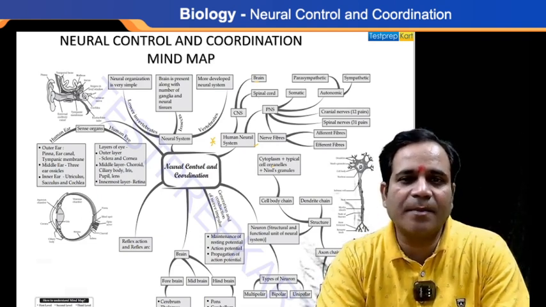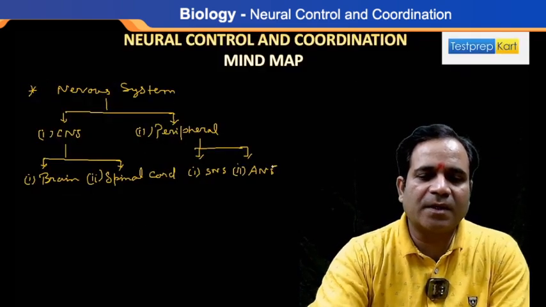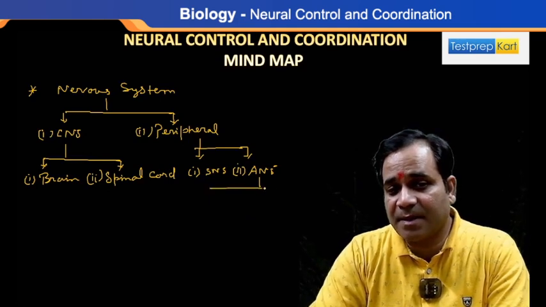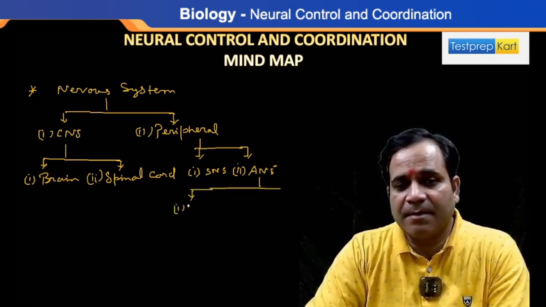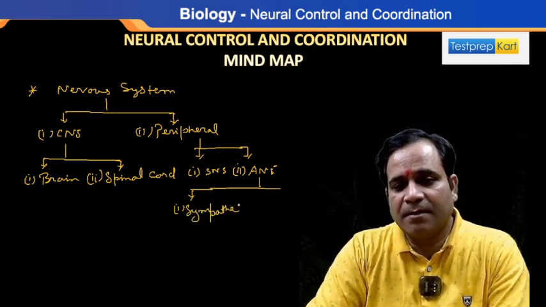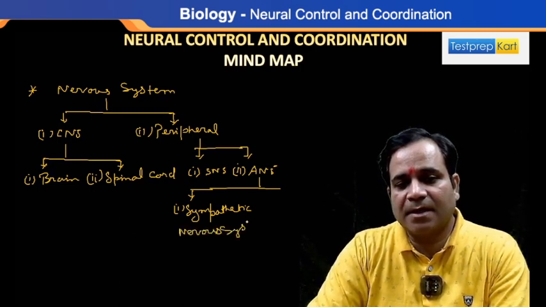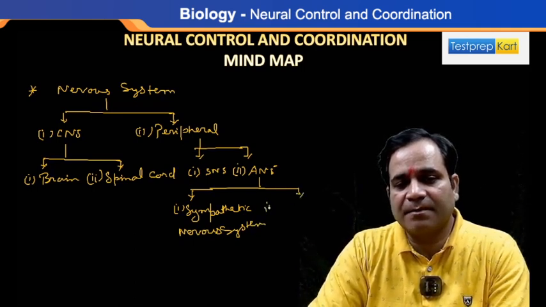The autonomic nervous system is further classified into two: sympathetic nervous system and parasympathetic nervous system. One is sympathetic nervous system, and the second one is parasympathetic nervous system.